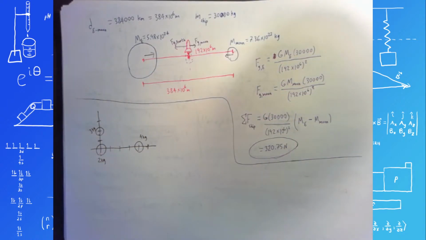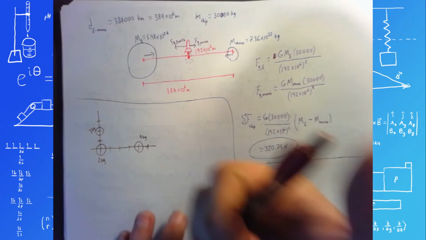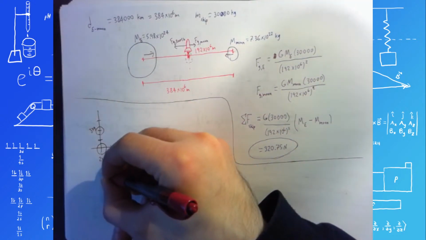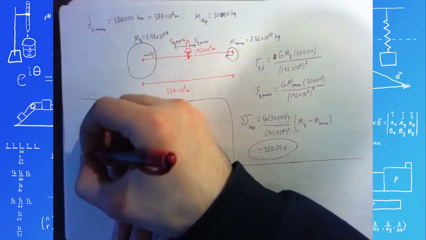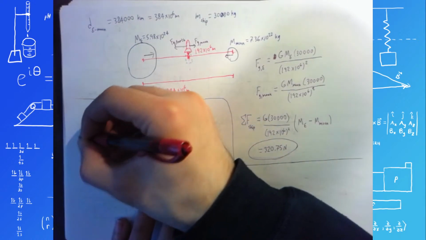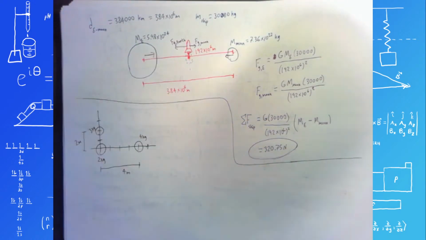And it wants the resultant gravitational force exerted by the other 2 objects on the object at the origin. And these are in meters, so this is 4 meters, and this is 2 meters.